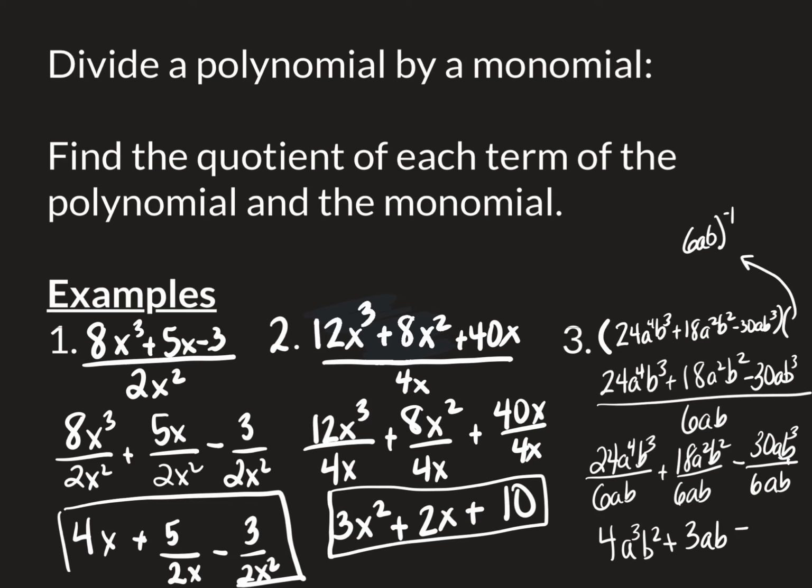Minus 30 divided by 6 is 5. A divided by a goes away because it's 0. B cubed divided by b is b to the second power. So the quotient of 24a to the fourth b cubed plus 18a squared b squared minus 30ab cubed divided by 6ab is the trinomial 4a cubed b squared plus 3ab minus 5b squared.